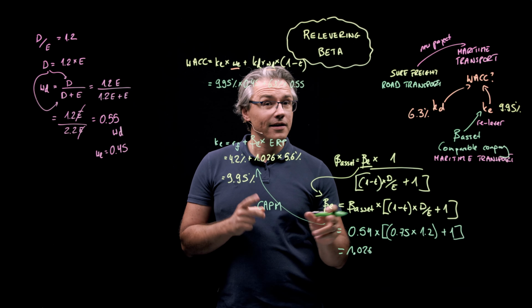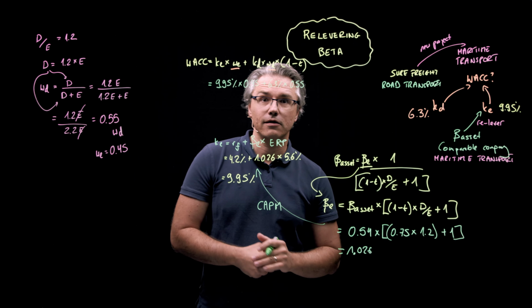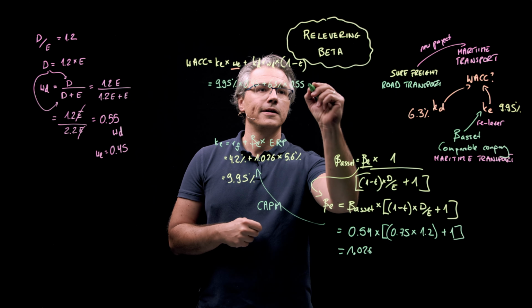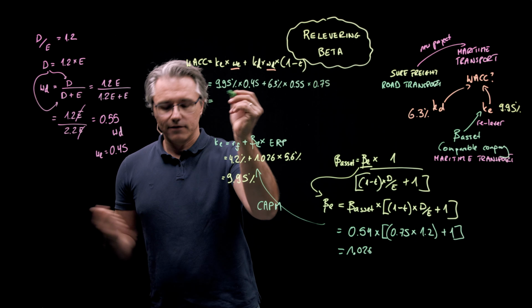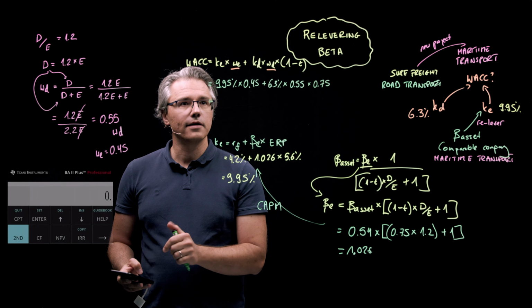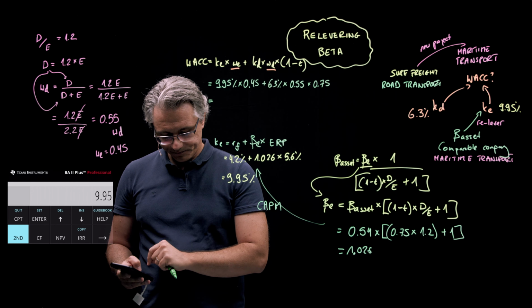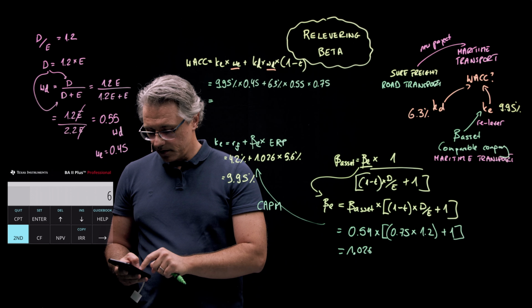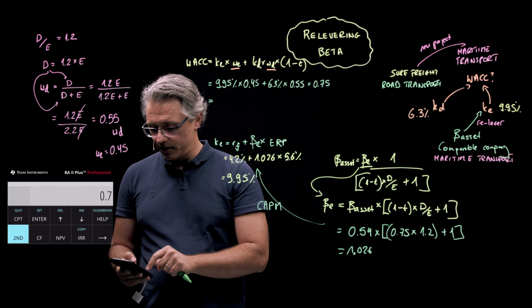Now, recall that t in this case was 25%. I used 25% down here to calculate the tax shield. It came in at 0.75, the term in the bracket, so that's 0.75. And let's see what this gives when we do the computation on the calculator. So 9.95 times 0.45 plus 6.3 times 0.55 times 0.75.